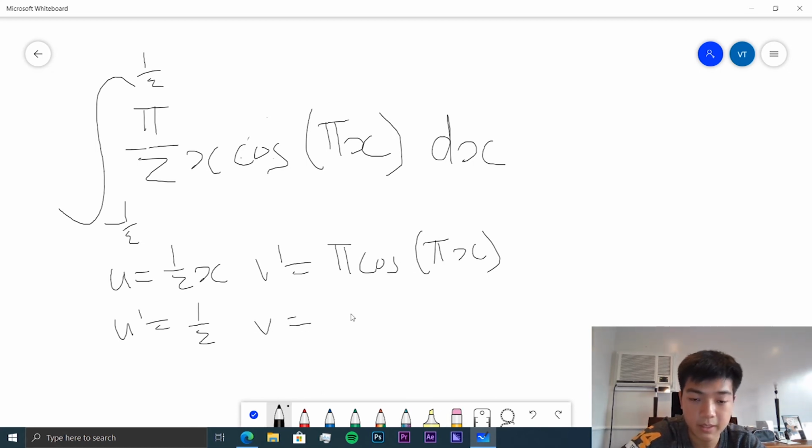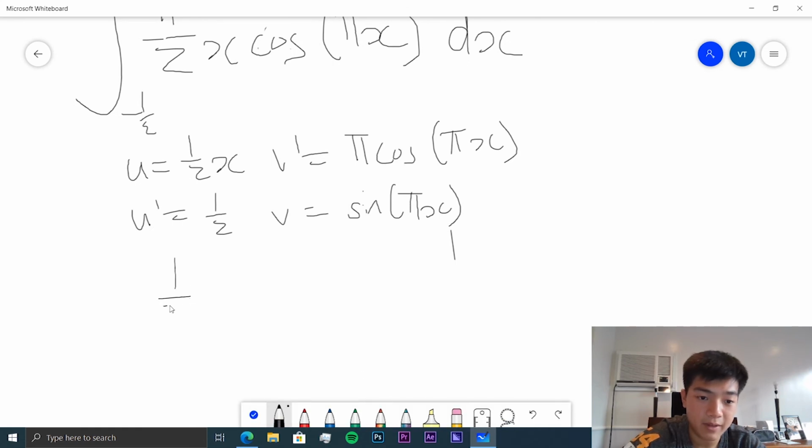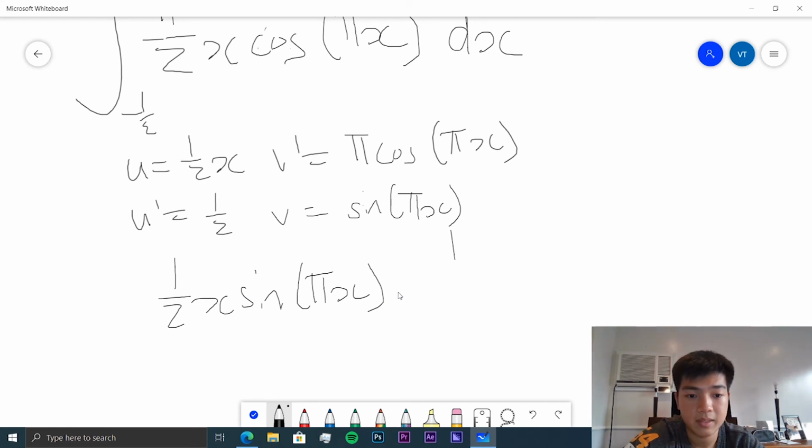So V must be equal to sine pi x, sorry. So this should be equal to 1/2 x sine pi x minus the integral of 1/2 sine pi x, which is plus 1 over 2 pi cosine pi x.